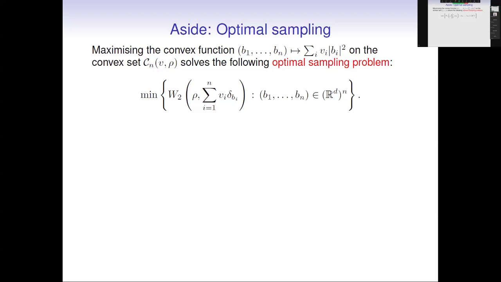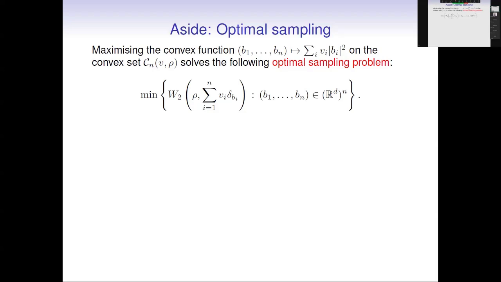The sampling problem is you're given an absolutely continuous measure, and you want to find the best approximation of this absolutely continuous measure by a discrete measure, where best means with respect to the two Wasserstein cost. And this is a constrained optimal sampling, in that you don't get to choose the weights v_i, you only get to choose where you put the Dirac masses.